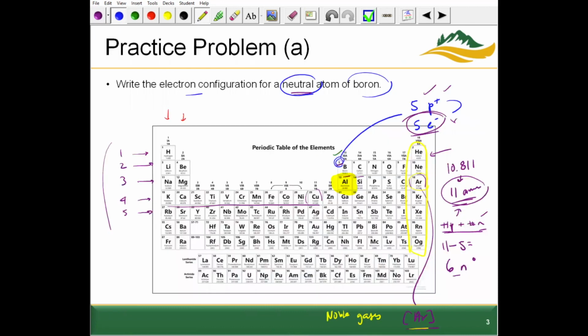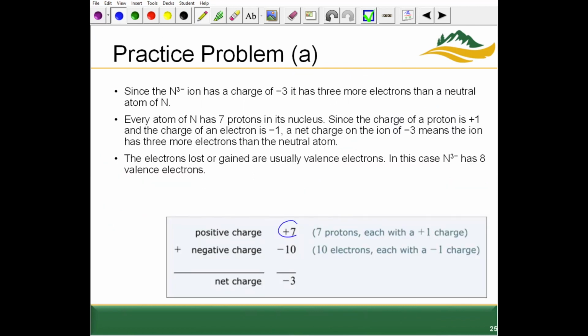We find nitrogen here has an atomic number of 7. Atomic number of 7 means it would have 7 protons and 7 electrons, again for it being the neutral form. The same number of positive charge as there is negative charge. For nitrogen to have a 3 minus charge, it has to have 3 more electrons.